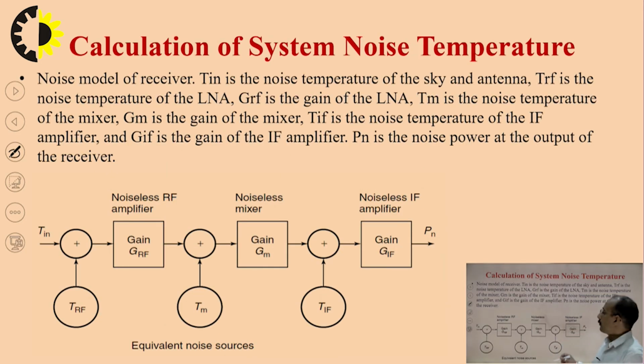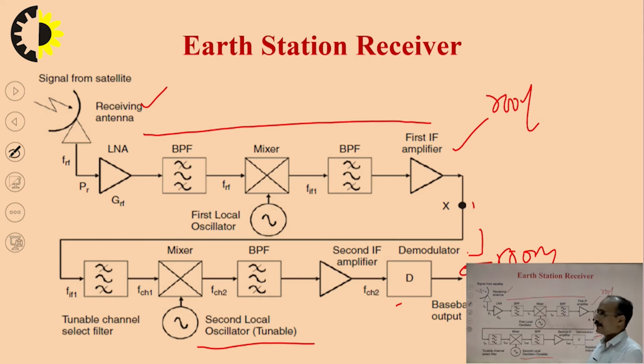In this complete diagram, we have a number of amplifiers: the LNA, then the first IF amplifier, then the mixer, then the second IF amplifier. But when you want to calculate the complete system temperature, you have to take the equivalent noise temperature of this complete amplifier system.